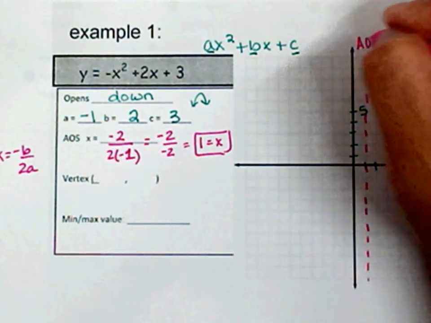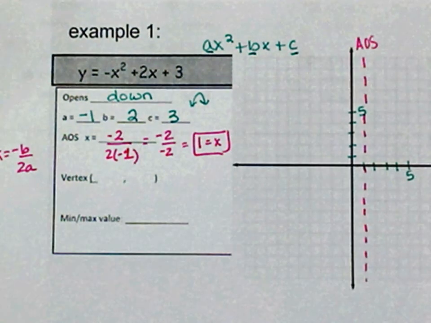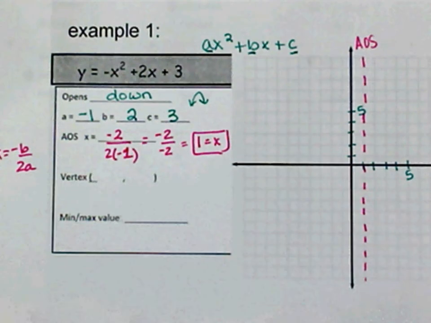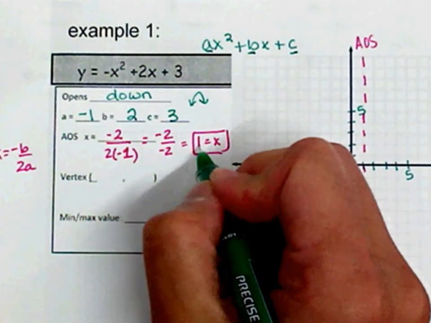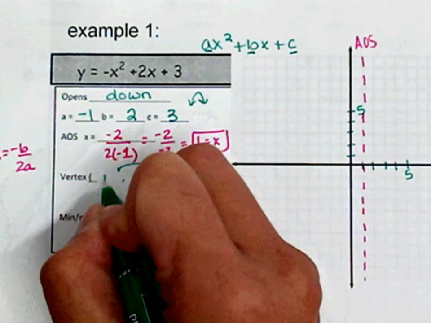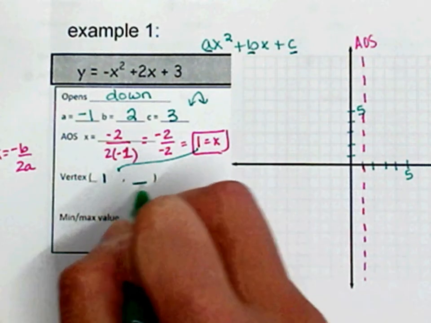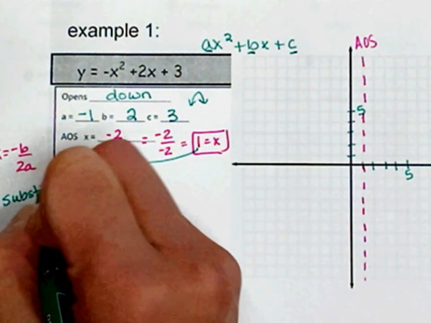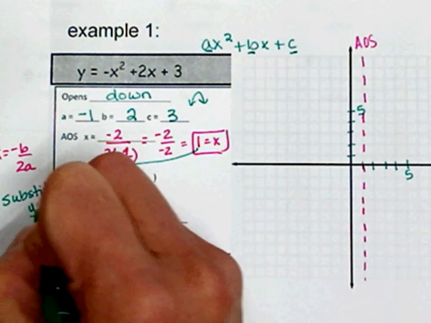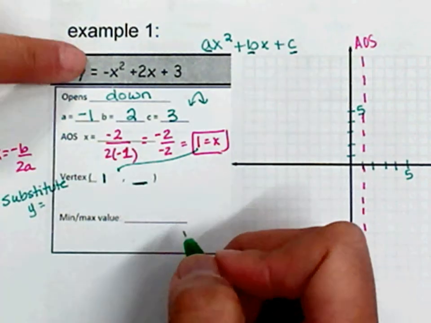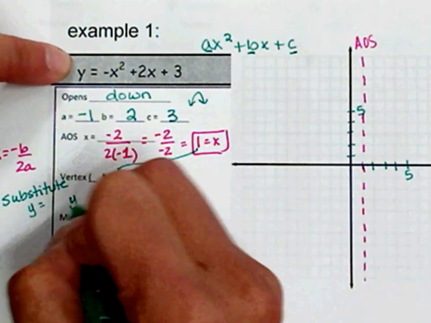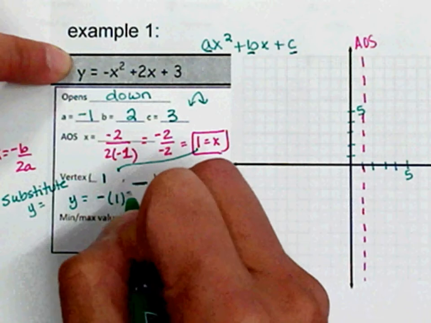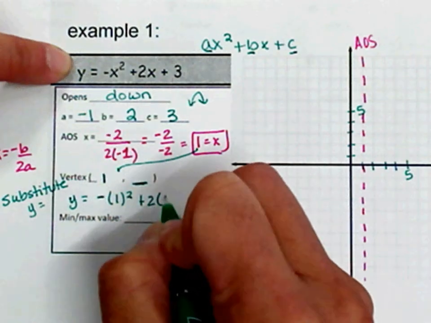Okay? All right. Your vertex. See this one? It goes right here. How do you find this one then? Well, you're going to substitute. You're going to plug it into your original equation. Here we go. y equals -1 squared plus 2 times 1 plus 3.